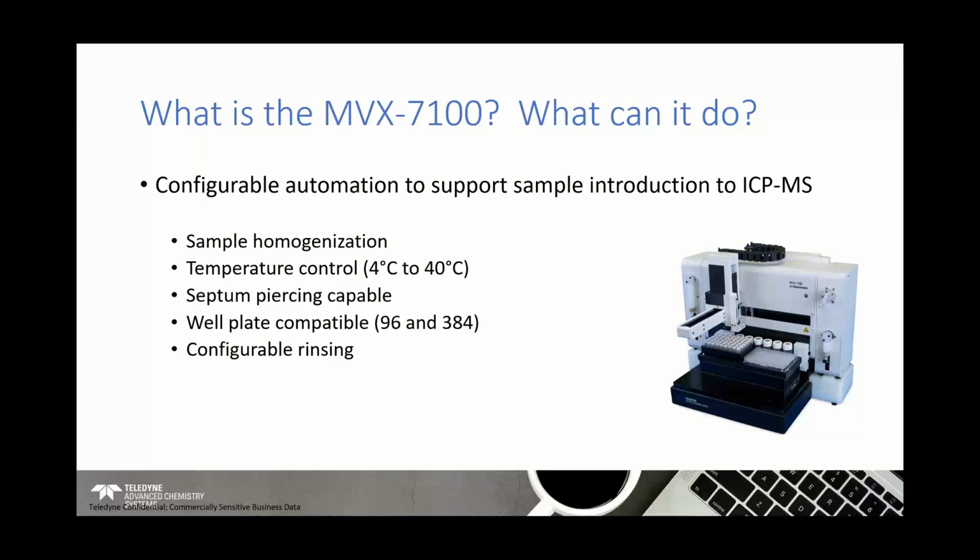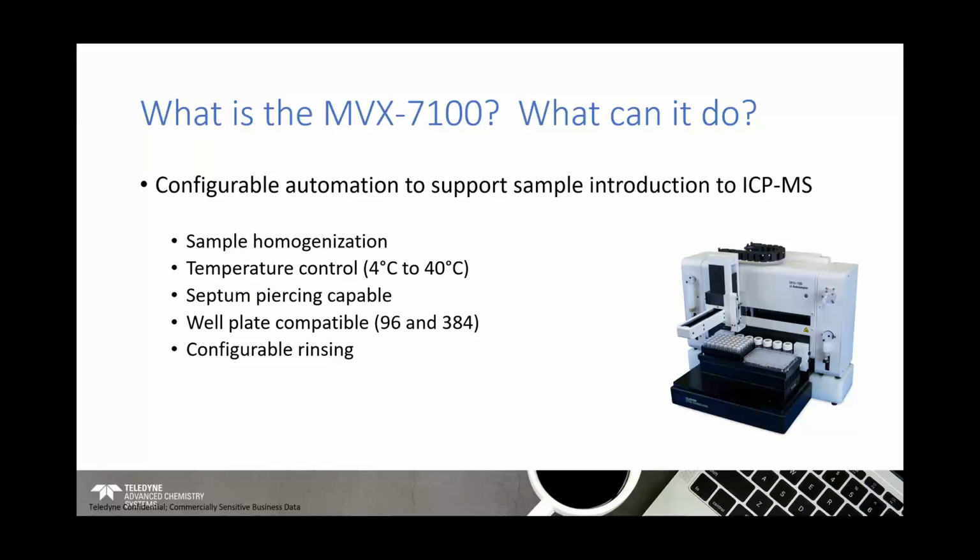Similarly, if you need to heat your samples, if there's any question of solidification, something with a solidification point close to room temperature, or if you need an incubation type temperature, you could raise the samples up to 40 degrees C.